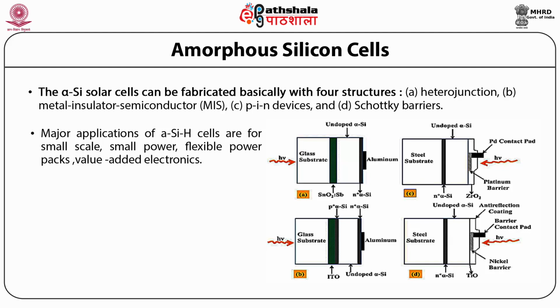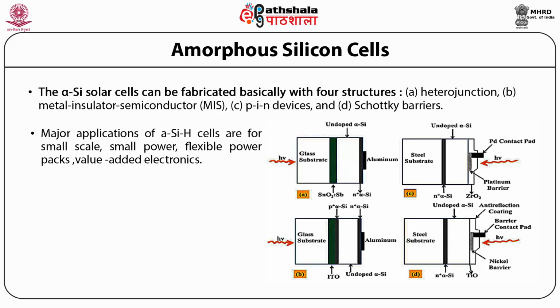The first heterojunction solar cell was produced by depositing the amorphous silicon on glass coated with either tin oxide doped with antimony or indium tin oxide, also shown in figure A. The most suitable heterojunction solar cell was first prepared by depositing an undoped alpha SiH layer on ITO or tin oxide antimony coated glass substrates, where a thin p-doped alpha SiH layer is used to make ohmic contact with evaporated aluminium contact.